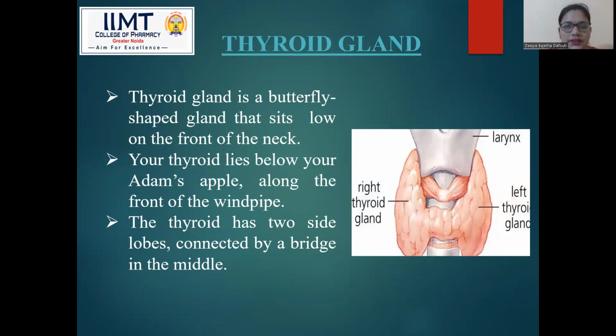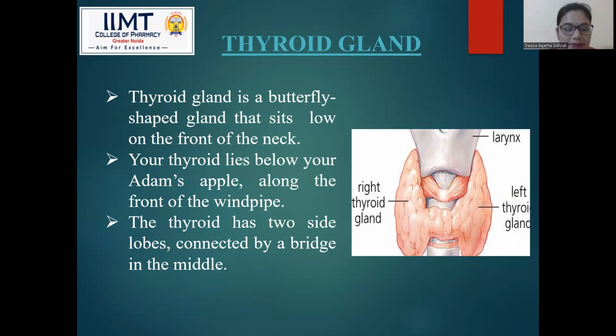So first is thyroid gland. What is thyroid or what is thyroid gland? Thyroid is a small butterfly shaped gland located at the front of your neck under your skin. It is a part of your endocrine system and controls many of your body's important functions by producing and releasing certain hormones.